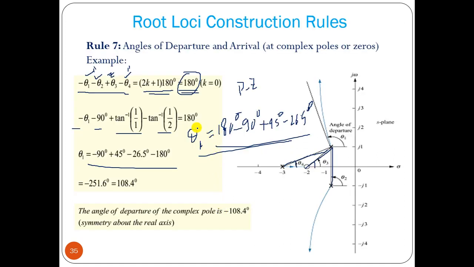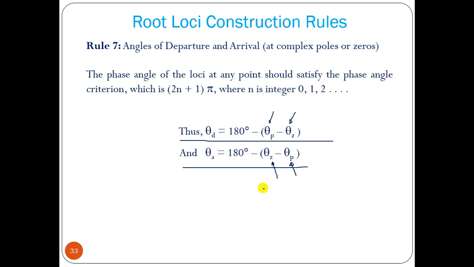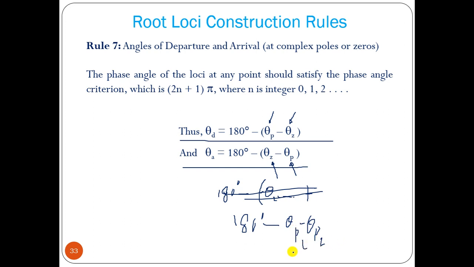Now I think this is a little bit tricky, how to find that out. What we can do is apply this formula: the angle of departure means 180 degree minus the summation of all pole angles with negative sign, plus, let me write it this way, 180 degree minus pole angles p1 p2, then plus theta of z.